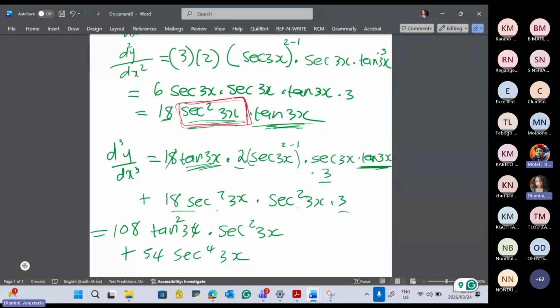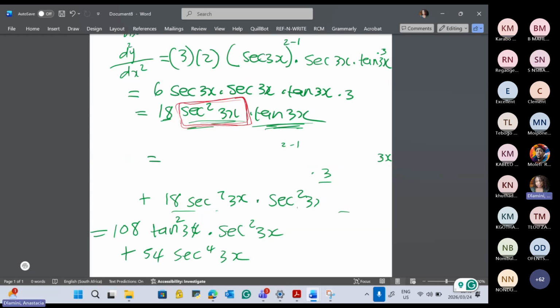Are we together? Let me continue with this part first and see if we still get this. So you can continue like this, or you can use the identity of sec squared. Do you see that? So let's differentiate this.